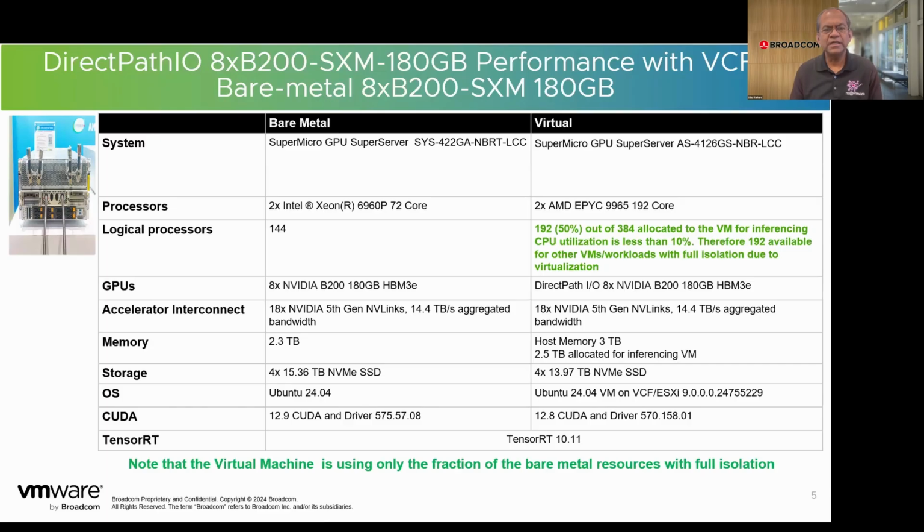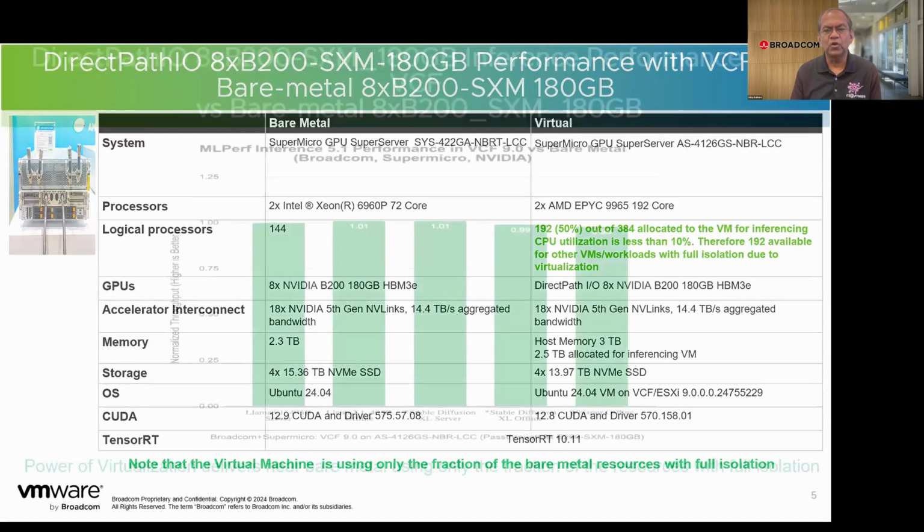On the bare metal side, the host had 2.3 terabytes of memory. On the virtual side, the host had 3.3 terabytes of memory, out of which we only allocated 2.5 terabytes to the inferencing virtual machine. The remainder could be used for other workloads.